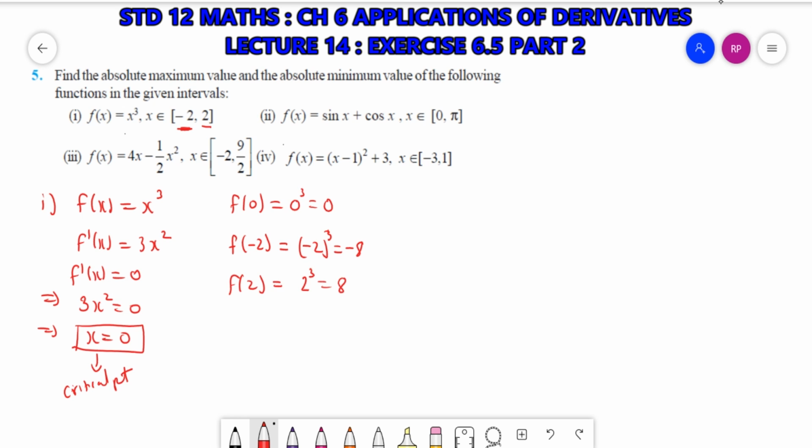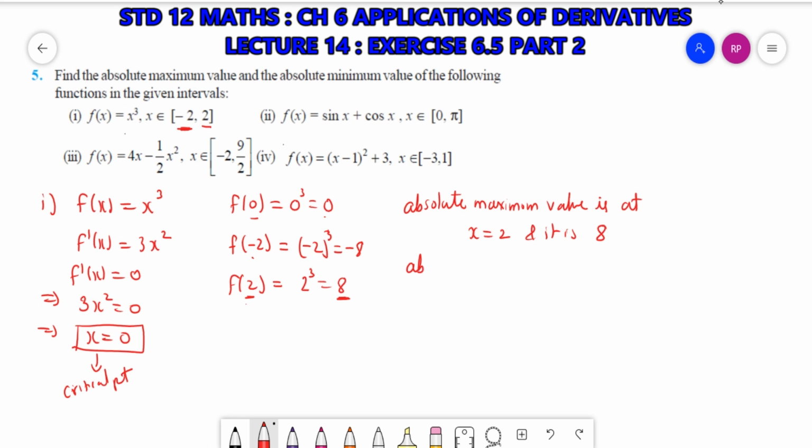Now absolute maximum means from all the values from the critical point and from the values at the boundary of the interval, the maximum from all these three will be absolute maximum and minimum will be absolute minimum. So absolute maximum value is at x equal to 2, which is the maximum, and it is 8.